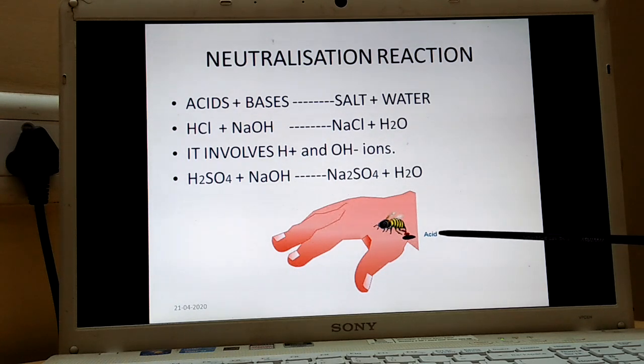The formula of formic acid is HCOOH. Whenever acid is released into the body by the bite of a honey bee, it causes a lot of irritation on our hand.